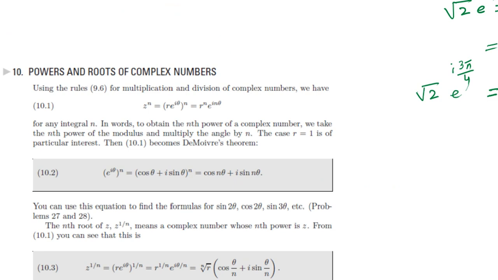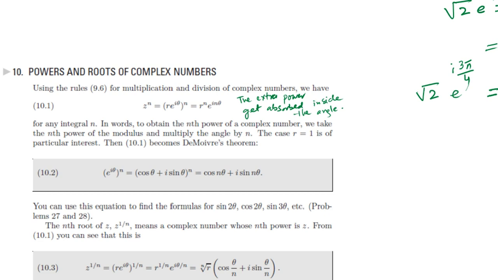This is rather easy to understand: whatever power you put on top of a complex number just gets absorbed inside the angle of the complex number.